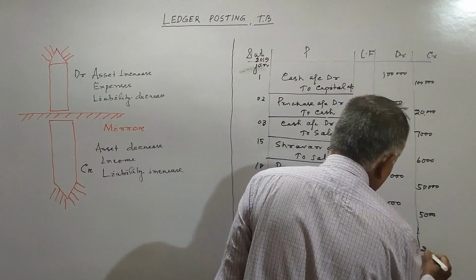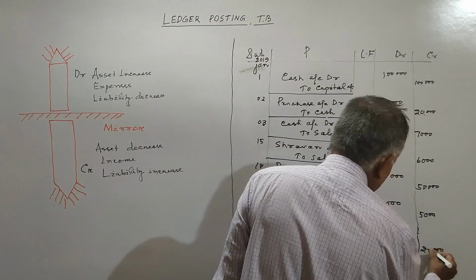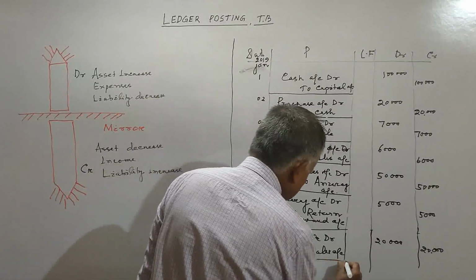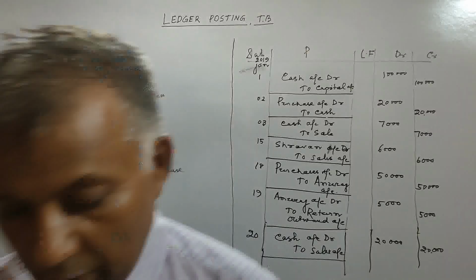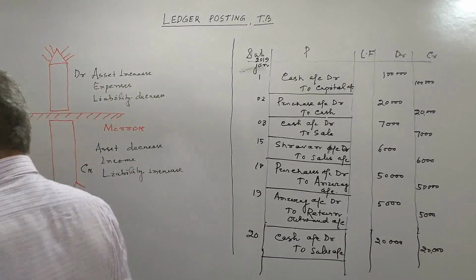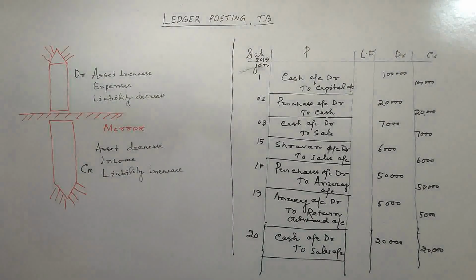This is also 20,000. So cash account debit to sales. This is your 20,000, right? Now this is 20.